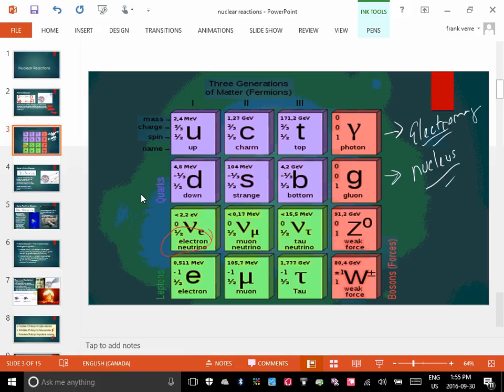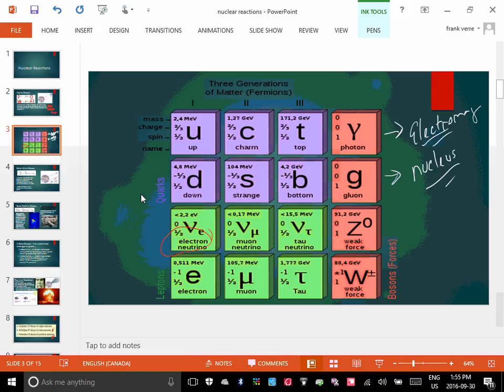And on the right, in the red, you see the particles that explain how force works. Or these are the particles that are exchanged when we experience force. For example, when you experience magnets that repel each other, it's actually the photon that is carrying out that force. When you talk about what holds the nucleus together, that's the gluon.